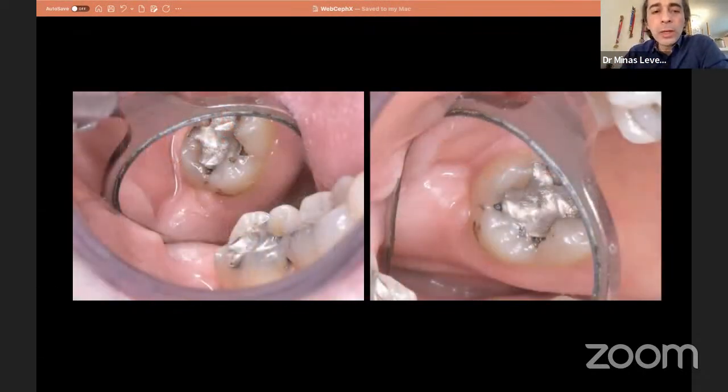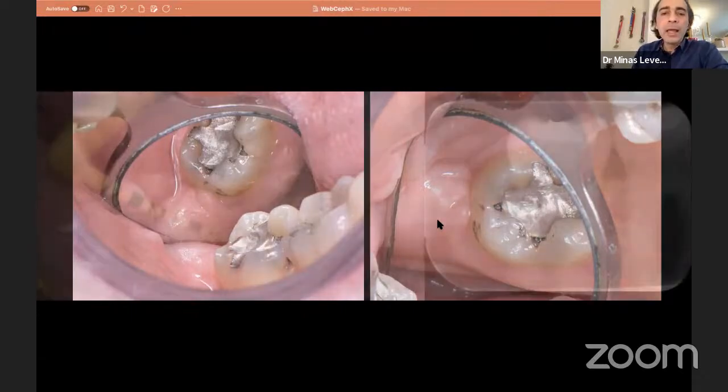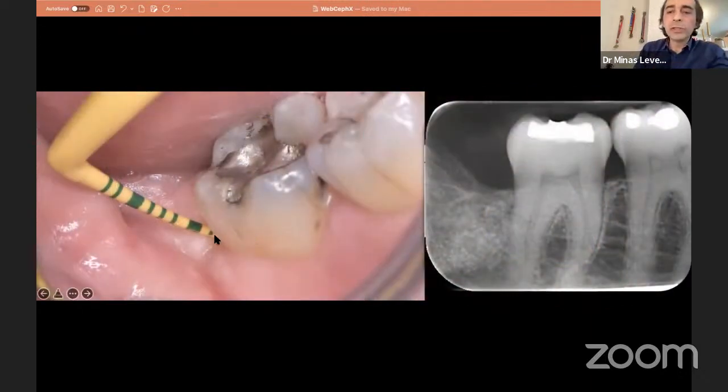If the surgery goes well and the healing is with no complications, this is our objective, to have a very good healing after 6 months, 1 year, 2 years. So you see that we have a good amount, for such a case, of keratinized tissue, especially here behind the 7. And this is essential, to have no residual pathology at the distal aspect of the 7.